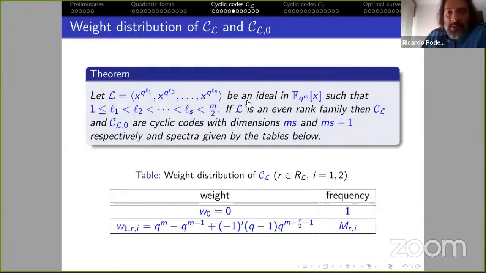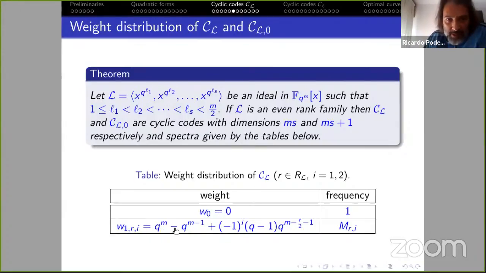If this L is of even rank, meaning every quadratic form associated to the polynomials is of even rank, then these codes, we know they are cyclic, have dimensions m times s and m times s plus 1, and the spectrum is given by the following tables.